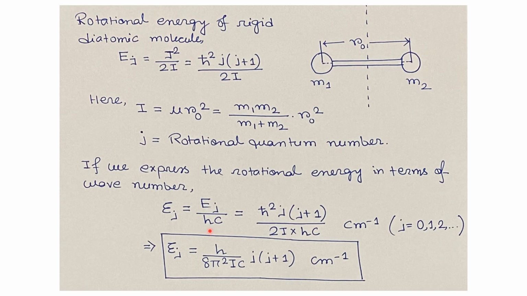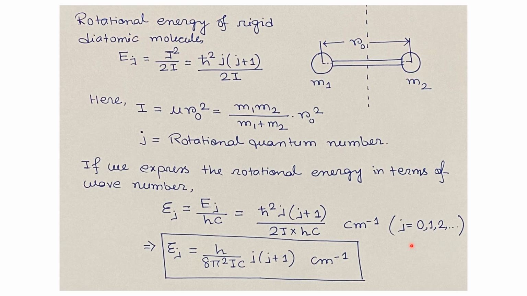Here h is the Planck's constant, c is the speed of light in vacuum. So the energy of the rigid diatomic molecule in terms of wave number is equal to h cut squared times j into j plus 1 divided by 2I hc, with the unit centimeter inverse. Here j can take any positive integer value including 0.